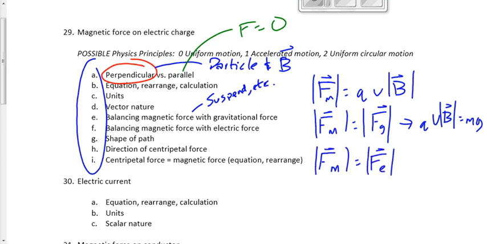If it talks about the magnetic field and the gravitational field, then it's Fm equals Fg. If it's the magnetic field and the electric field, then it's Fm equals Fe.